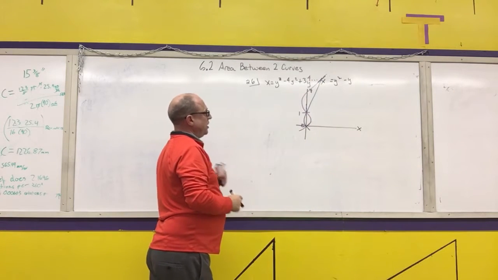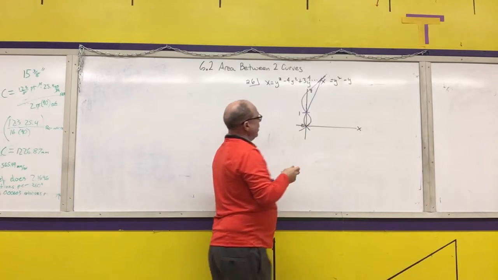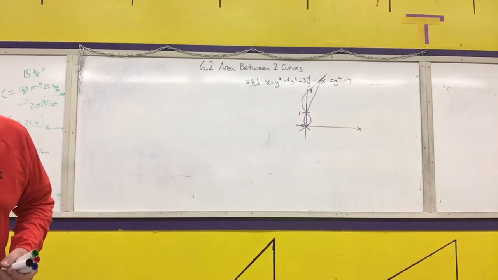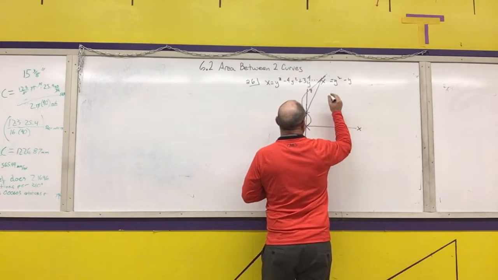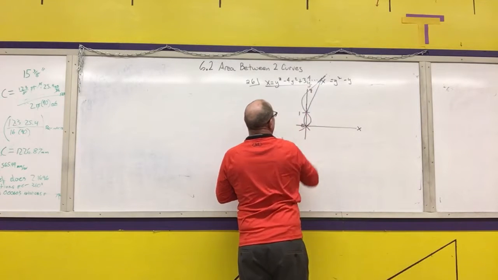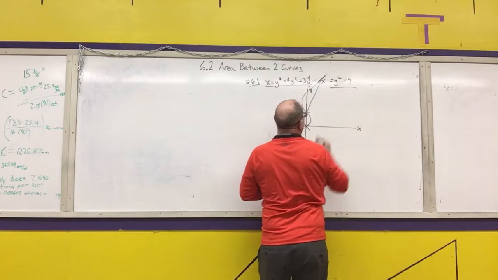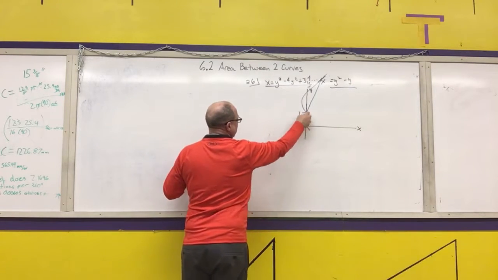I'm going to do two separate integrals. I'm going to do purple over blue, and the purple one is the parabola-ish one. That would be this one. No, that's the blue one. That's the purple one. And y squared minus y is the blue one. So I'm going to go the integral from 0 to 1.